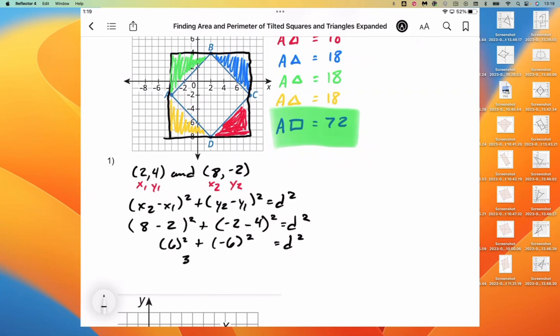And so 36 plus 36 is going to be 72. So square root of 72, square root of d squared, and the square root of 72 is 8.49.